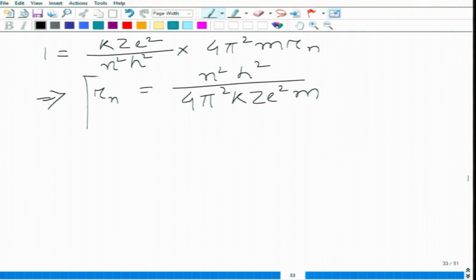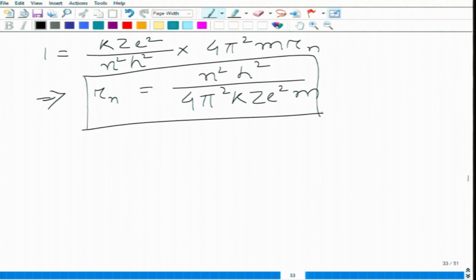So this is the expression of radius. Now in this expression the value of h is constant. We know the value of k, we know the charge of electron and the mass of electron, and of course we know the 4 pi square. So what depends on the systems?